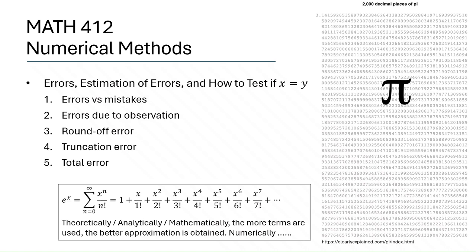When we do numerical computing, errors are not mistakes. Mistakes can be avoided if we make an effort, but we can never just remove errors. When we do numerical computing, errors are like a shadow of some object.